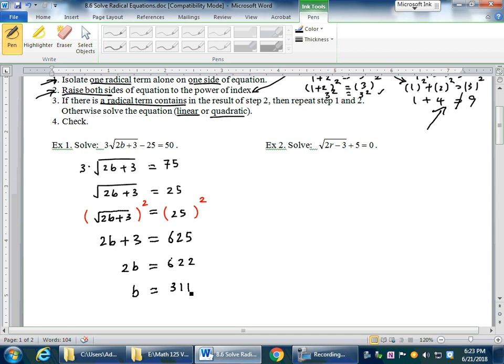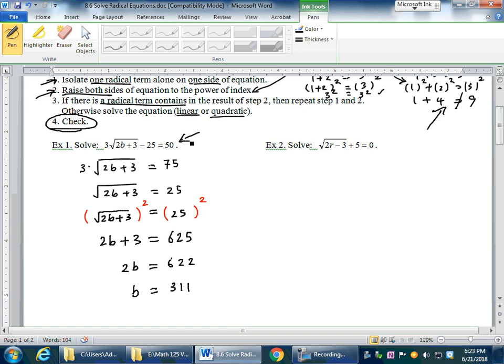This is another type of equation that you really need to check your work on. So now I'm going to use the help of the calculator, plug this 311 into the original equation and check it. So 2 times 311, using the calculator, gives me 622, plus 3 gives me 625.